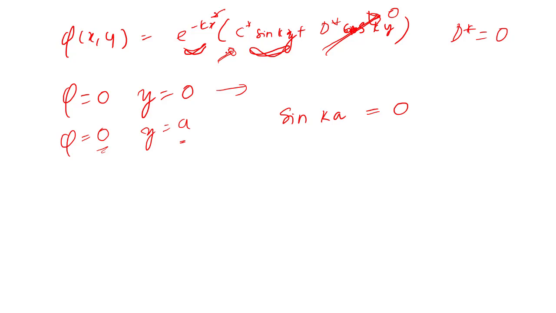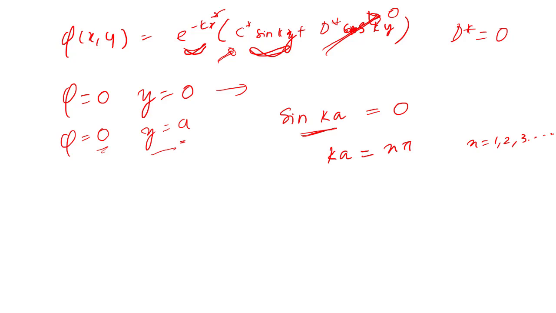So the only other option is to have sine ky at y is equal to a be 0. Because y is equal to a, we have sine ka is equal to 0. So in general, this happens when ka is equal to n times pi, where n is 1, 2, 3. We are not considering 0 because that's a trivial solution, which makes everything 0.